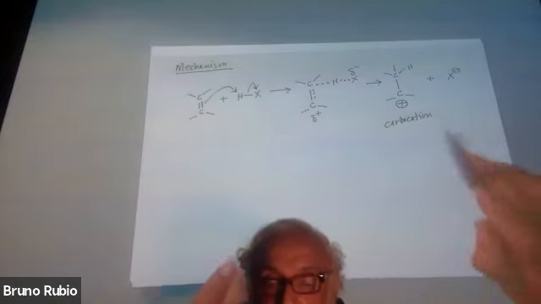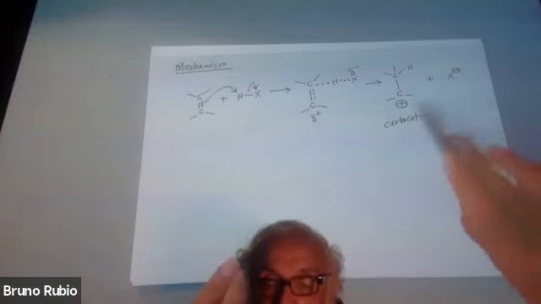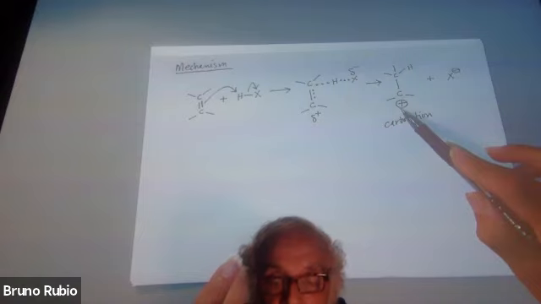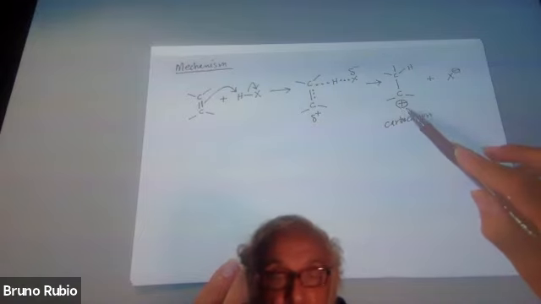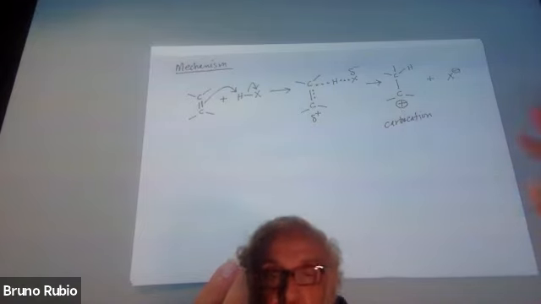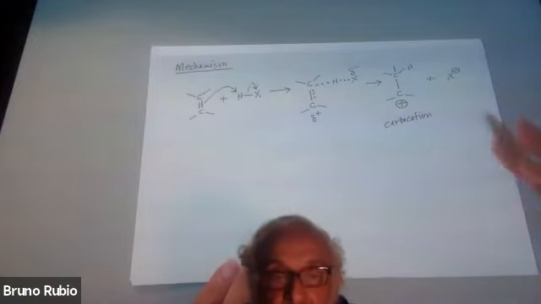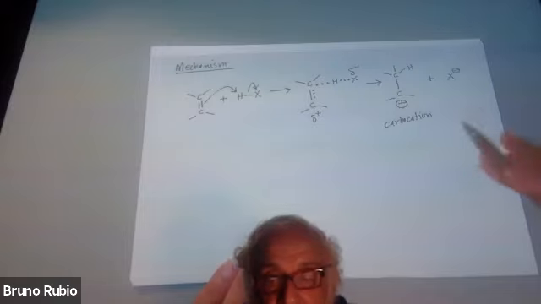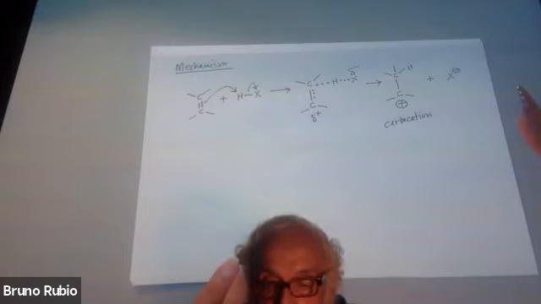Okay, so now what we see here is we have a nucleophile, X minus, and we have an electrophile, the C plus. Most of chemistry is just nucleophiles chasing electrophiles. Something has a lot of electron density chasing something that doesn't have as much electron density.